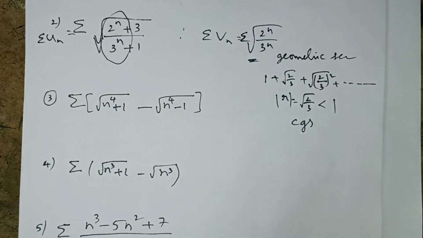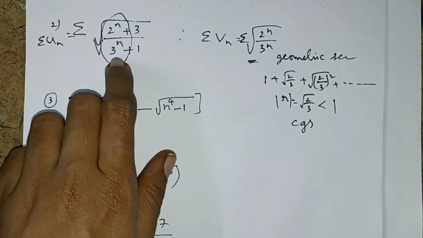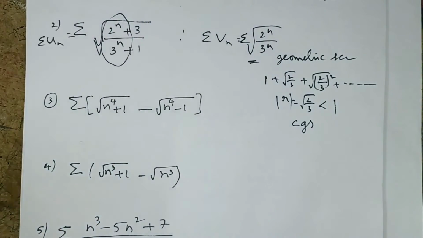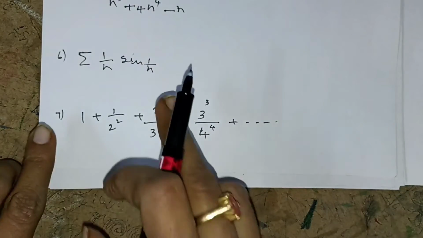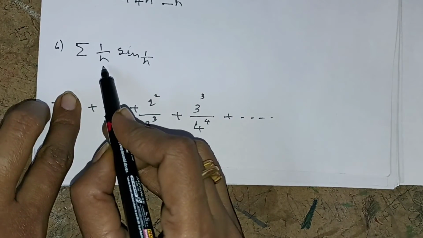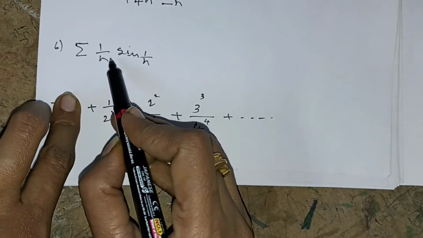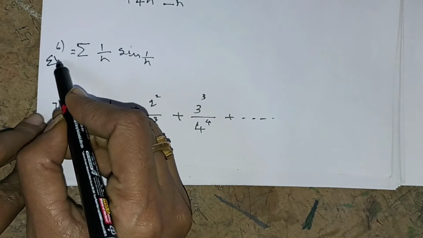Like that, I will tell you one more special case. Sigma 1 by n into sine 1 by n. This is sigma un, the given series. How do we choose sigma vn?